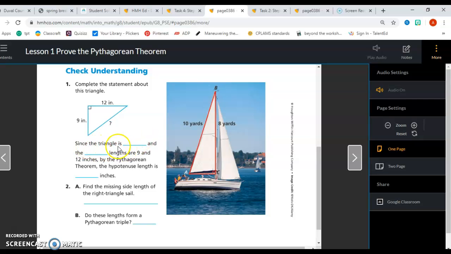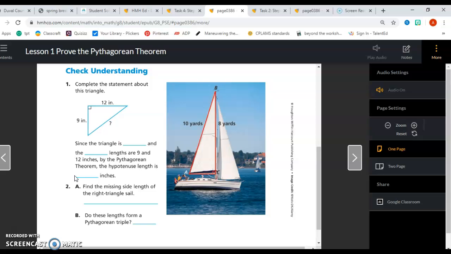Since the triangle is a right triangle or is not a right triangle. And the what lengths? What lengths are 9 and 12? There's a vocabulary word we were using to identify the height and the base. What word is that? What are the measurements of 9 and 12? And then finally, if you do a squared plus b squared equals c squared, what is the missing measurement of the hypotenuse?